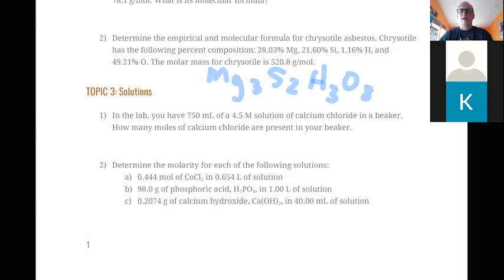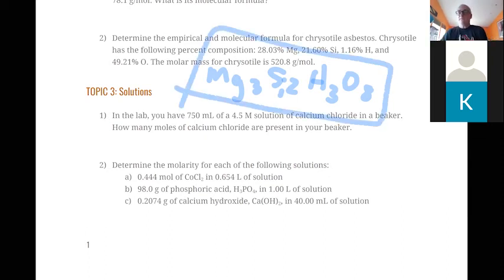Yeah, you just forgot the I on Si. Oh, I, right. Yeah, so that was the actual formula. And so, yeah, everyone got that right.